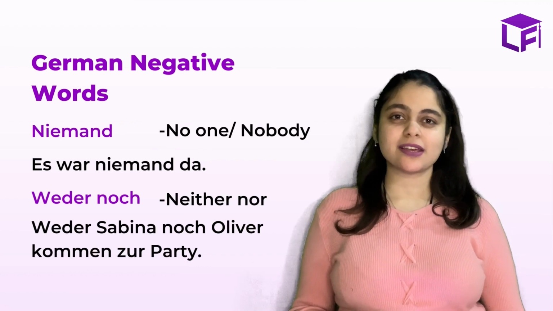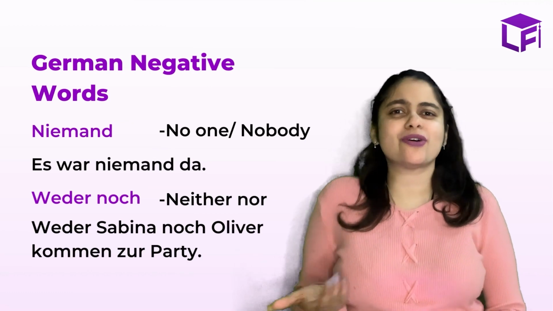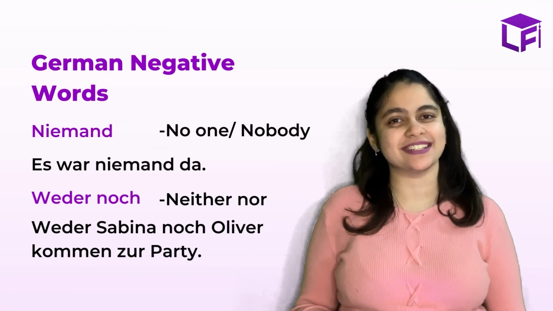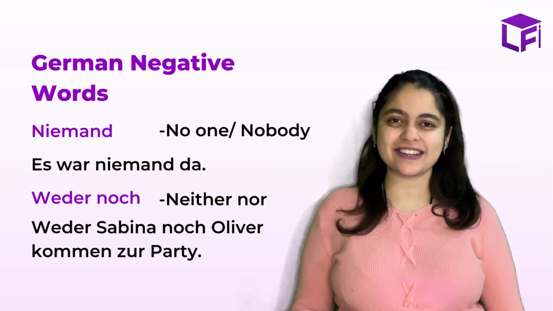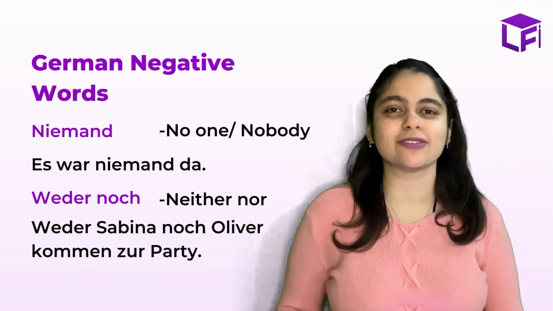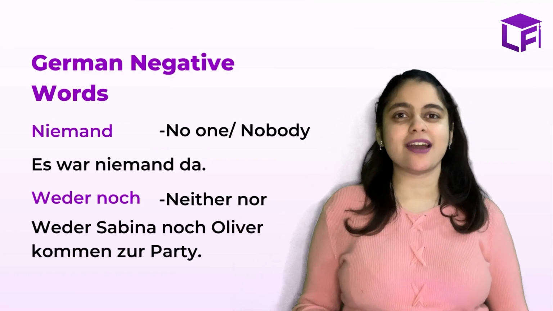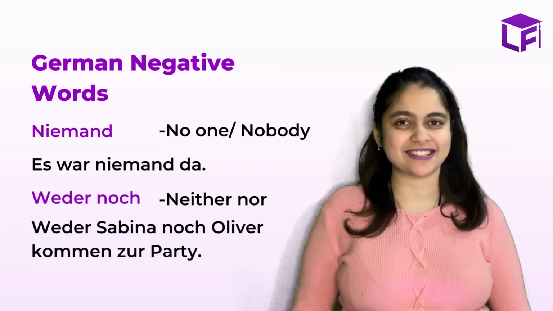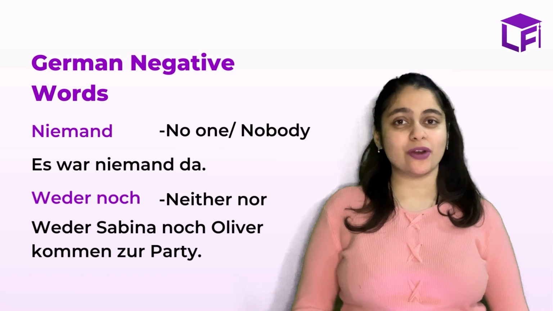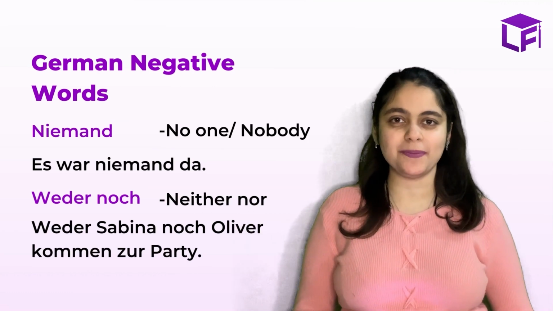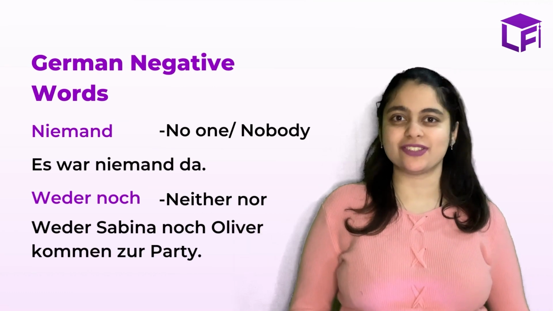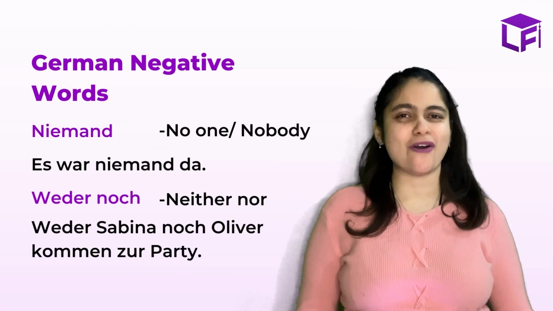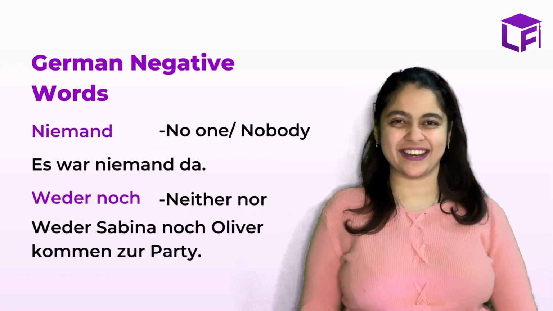Now this means neither Sabina nor Oliver are coming to the party. Easy, isn't it? You'll be amazed to know we've already completed our negatives. These were the main ones. Now to help you understand this concept, I will give you a German grammar extra.